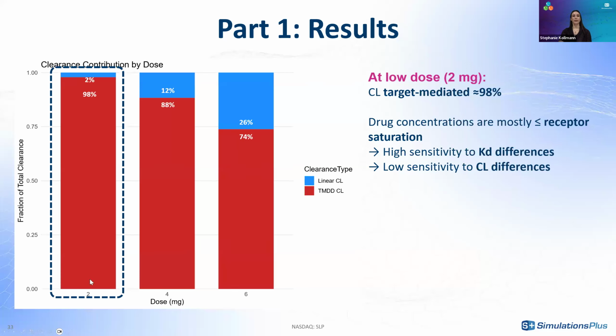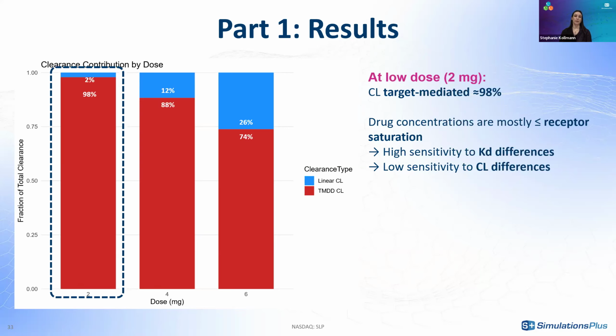So at 2 milligram, almost the entire clearance is target mediated, around 89% of total clearance. So in this region, the drug concentration is well below the saturation point of receptors. So at low doses, the system is highly sensitive to KD differences, but relatively insensitive to changes in systemic clearance.